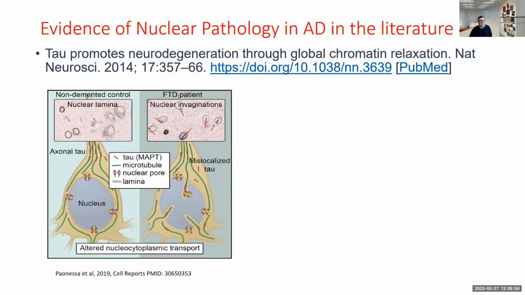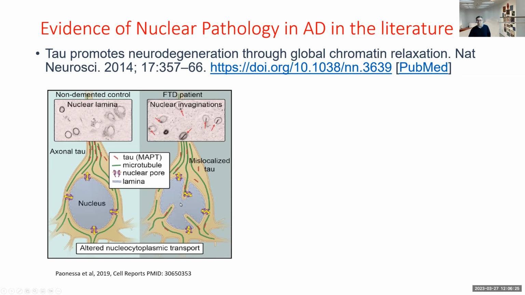But here is a diagram showing that in their discovery, tau hyperphosphorylation basically causes changes in the cytoskeleton, causing actin fibrillization, and actin is kind of pushing down on the nuclear envelope, causing invagination of the nuclear envelope into the chromatin.